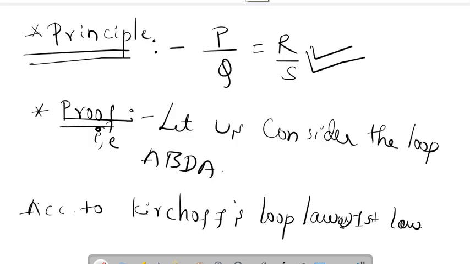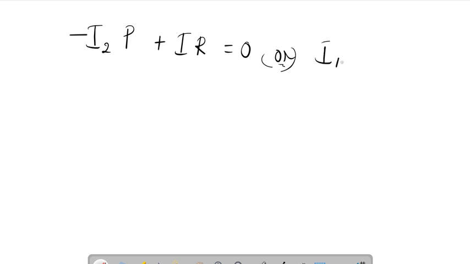Equation number 1 will become minus I2 into P plus I1 into R is equal to 0, or we can also write it as I1 into R is equal to I2 into P. Let us consider this as equation number 3.